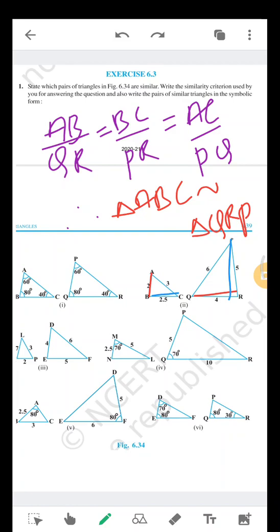So I cannot name it as PQR, because if I say triangle ABC is similar to triangle PQR, then the ratio of AB and PQ should be equal to the ratio of the other sides. That will not give you 1 by 2. 2 by 6 will not give you 1 by 2. So naming of triangle is very important in this case.